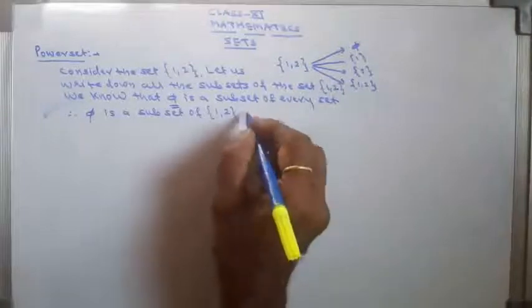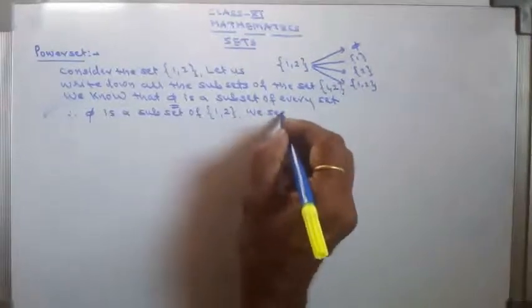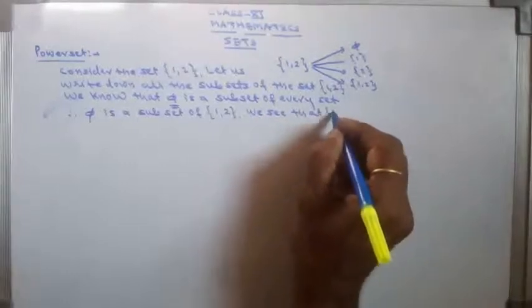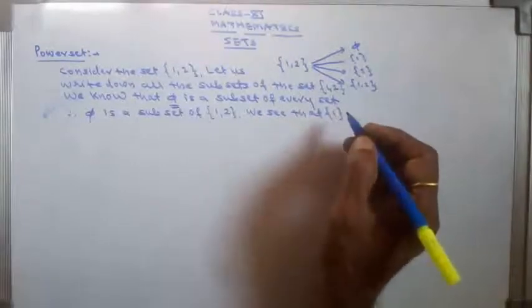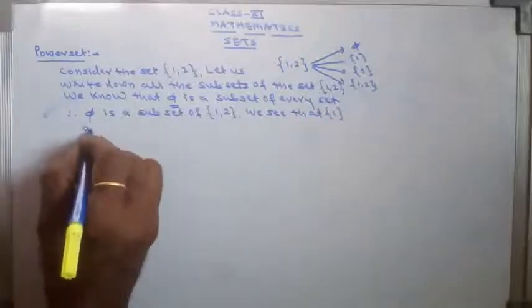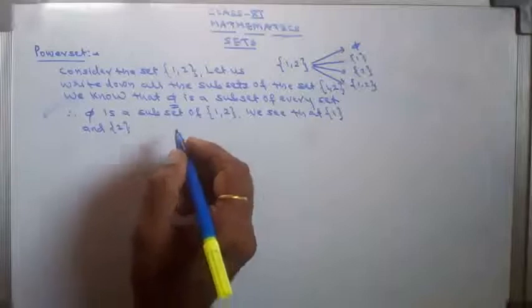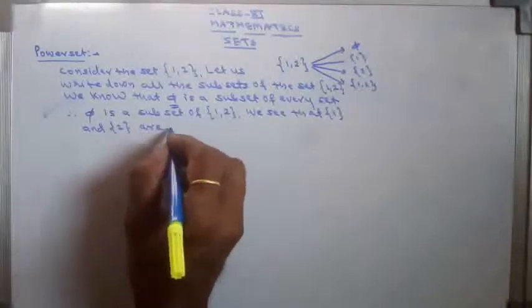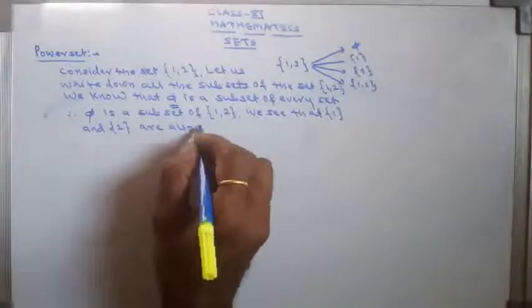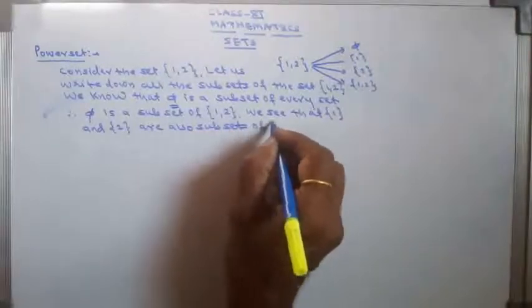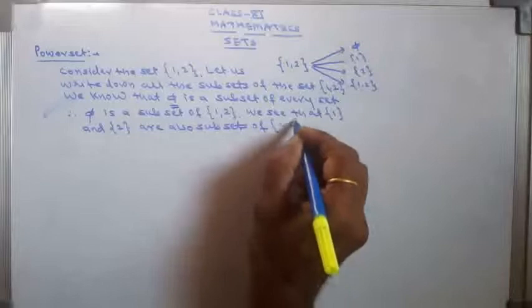We see that simply {1}, a set containing just one element, and simply {2} also are subsets of {1, 2}.